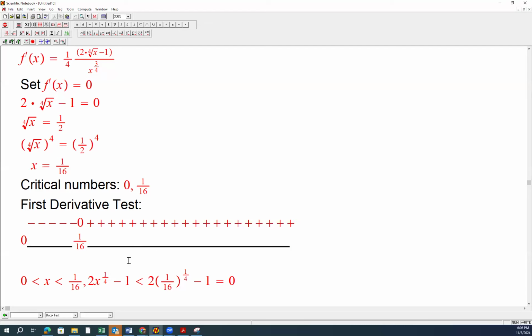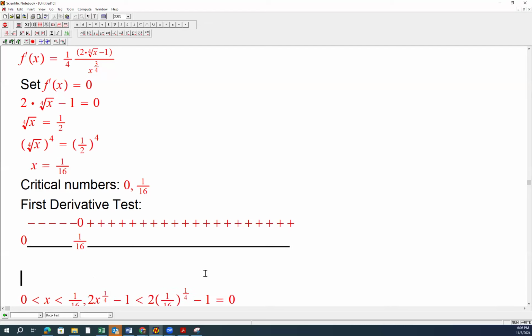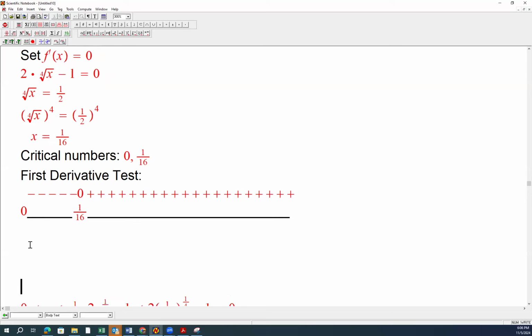What does this tell us? By the first derivative test, f prime changes from negative to positive at 1/16.